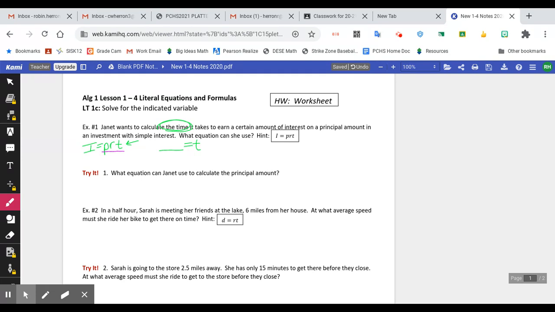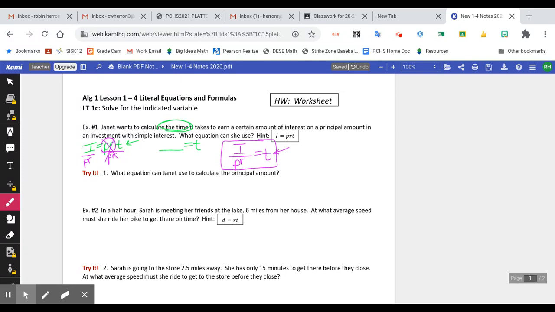Now, in order to divide, we have to take both of these at the same time. So we're going to divide by PR on both sides. The PRs both cancel out, and we are left with I over PR equals T. There it is, solved for T all by itself on one side.